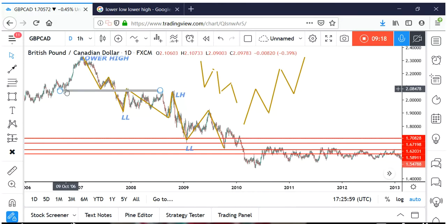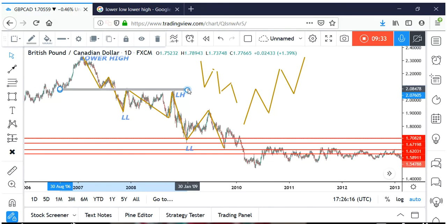So this was a support that held this one, and then here it became resistance that drove this down. Also, the same thing here became resistance that drove this price down. And if you extend this, you will see that it also acted as resistance here that drove this down.